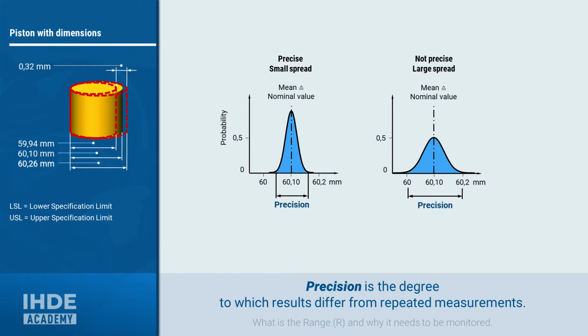In short, precision is the degree to which results, when measured repeatedly, vary. The distribution of the measured values, shown on the left, has a small spread. This process is therefore more precise than the one on the right, which has a much greater spread.